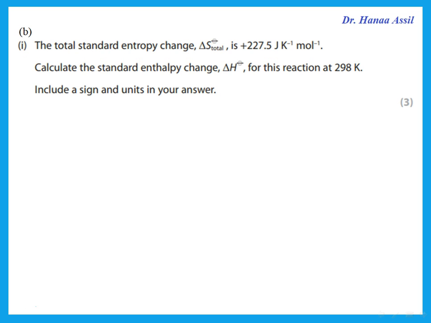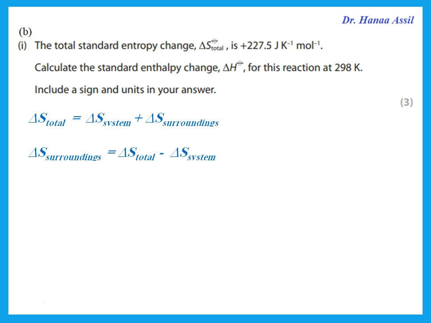The total standard entropy change is this, so he gives me delta S total. Calculate the delta H. How do we get the delta H? We know that the delta S total is the delta S of the system plus delta S of the surroundings. So I can use that to get the delta S of the surroundings because he gives me the total and we just calculated the system. So my overall, this is my delta S surroundings.